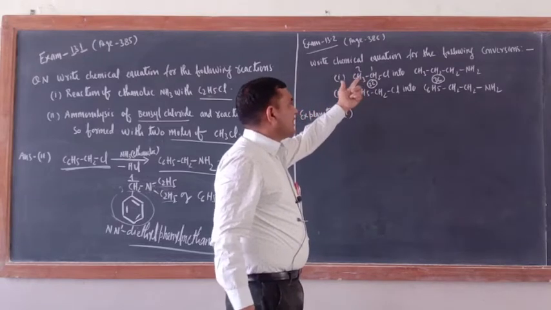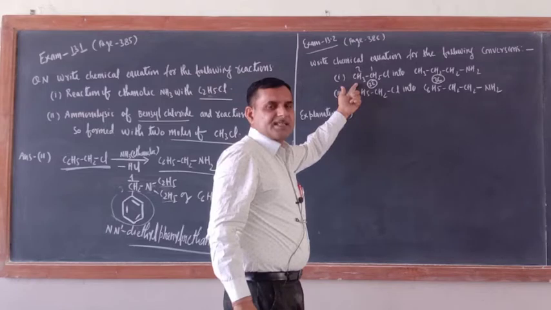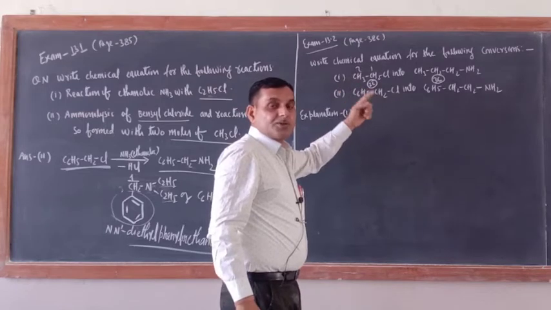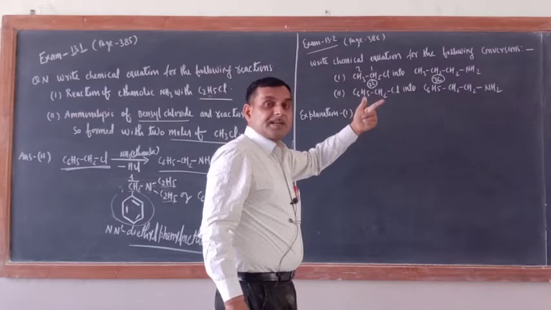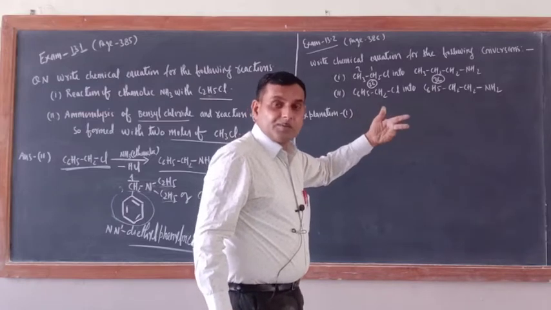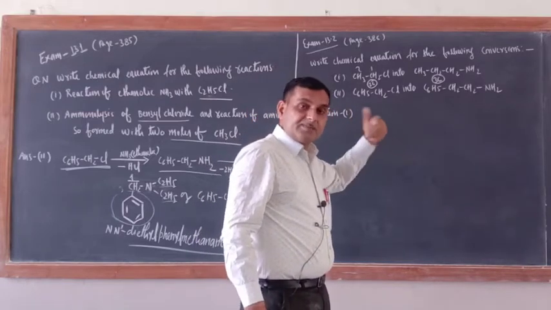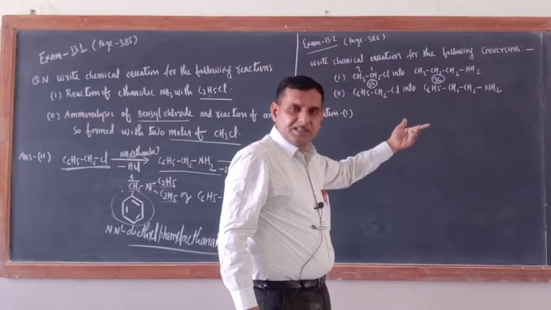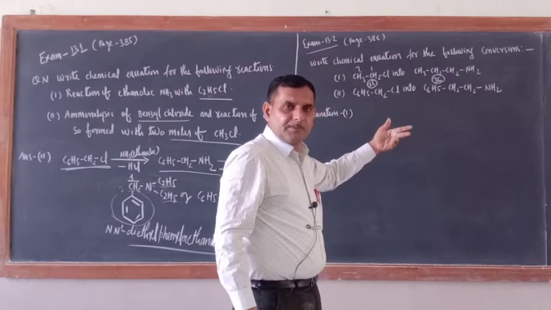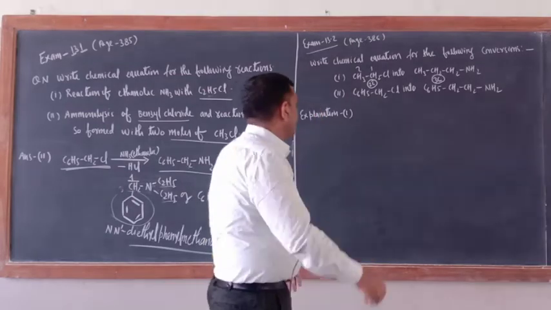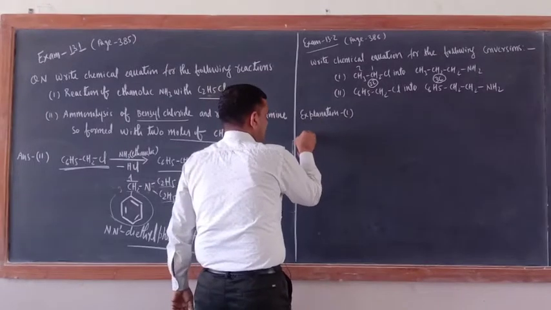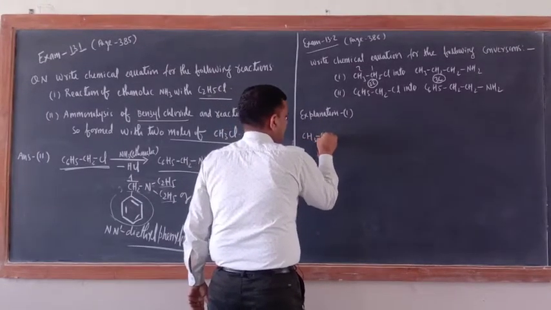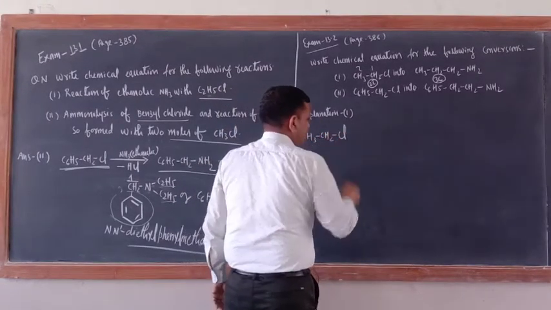So this should be treated with KCN or NaCN. So CN would be there. When CN is subjected to reduction, NH2 group will be generated. That is a very simple reaction. Okay, so first write this one: CH3CH2Cl. This is an alkyl halide.